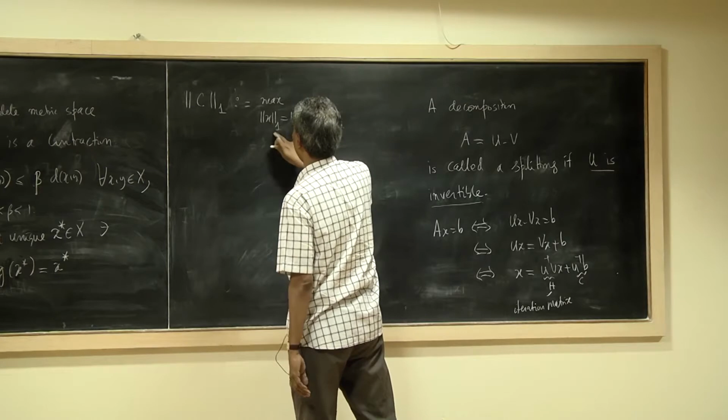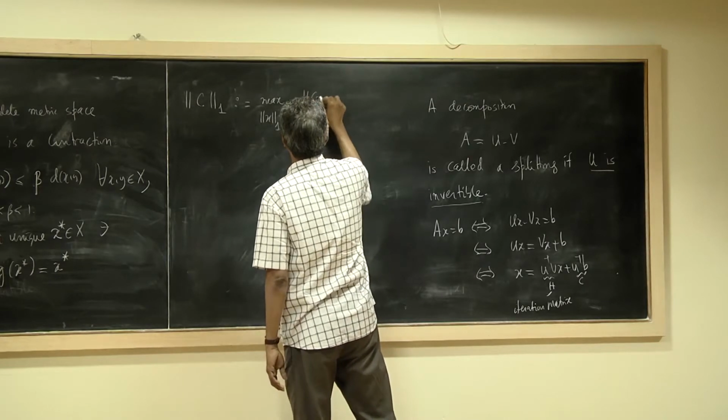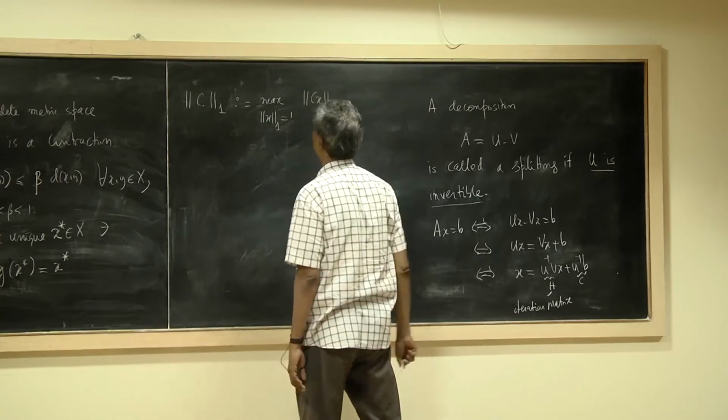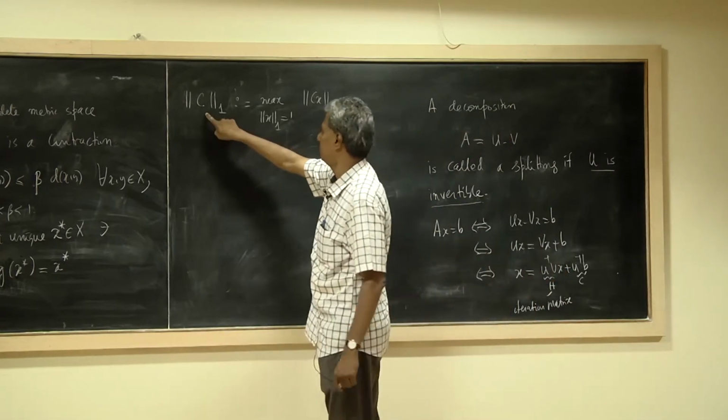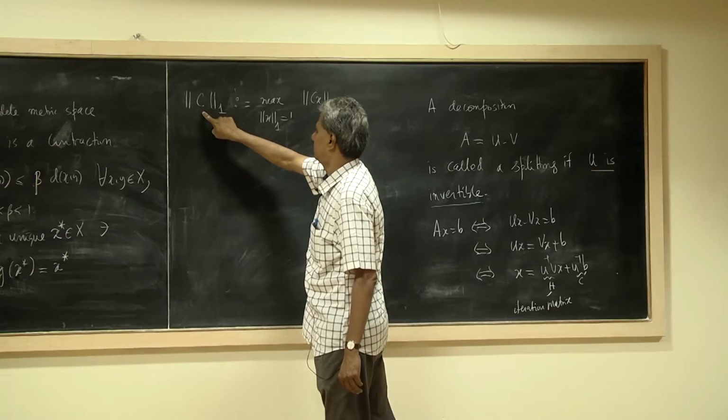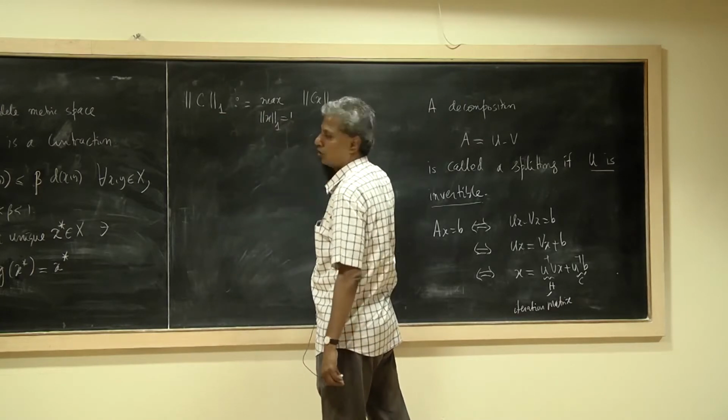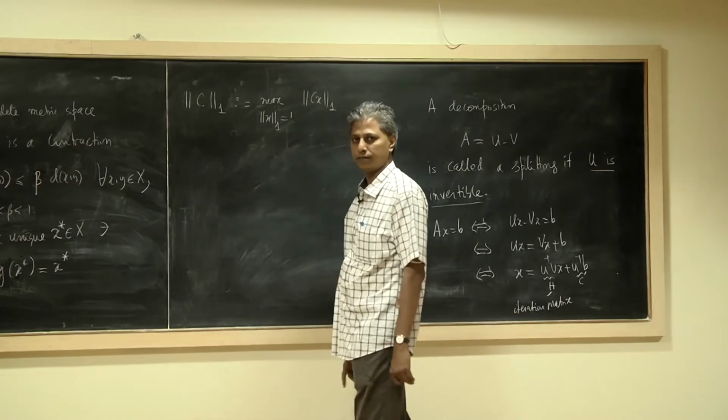Here again I am using the 1 norm of C. Again the 1 norm. This is the induced norm on the matrix C coming from the 1 norm of vectors in Rn.